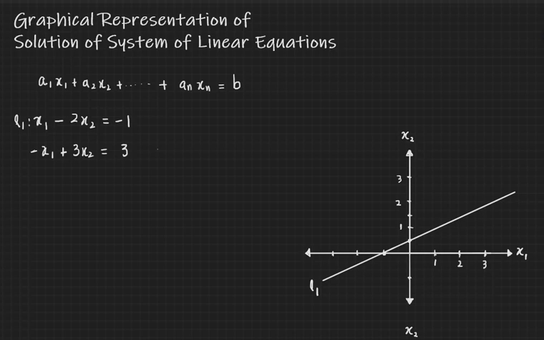Let us assume that this linear equation is represented by straight line L2. Then in order to get this straight line, we need at least 2 points on it. So we will assume that x1 is equal to 0, then x2 is equal to 1, and for x2 is equal to 0, x1 would be equal to minus 3. Hence one of the points on this straight line is 0, 1, and another point is minus 3, 0. Let's plot these 2 points on this Cartesian coordinate system of 2 dimensions.